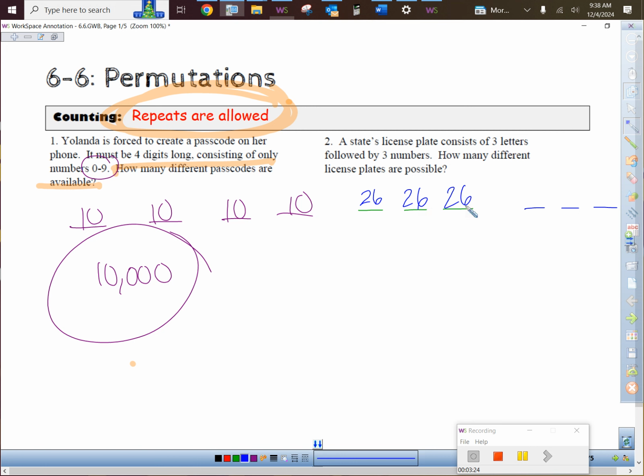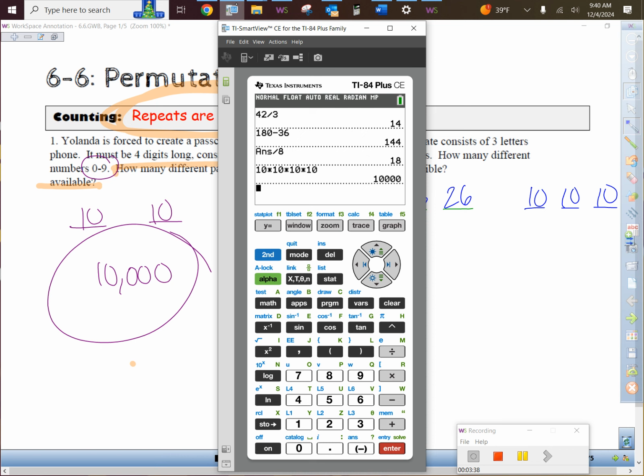There's your 3 letters. The other ones are numbers, so 0 through 9, aren't there 10 numbers? And you can repeat them. Guess what we do with all these? We just multiply them all together. So that's 26 times 26 times 26 times 10 times 10 times 10.